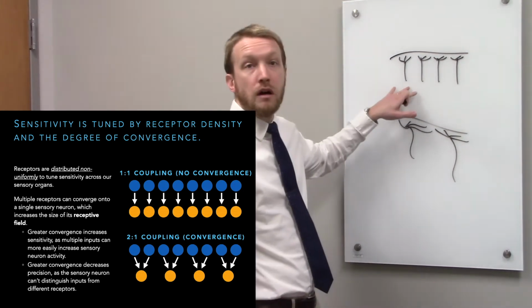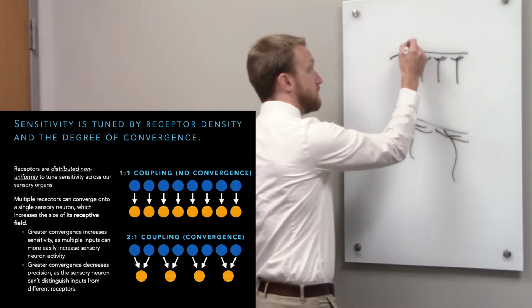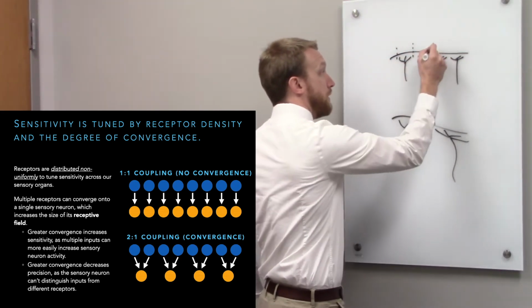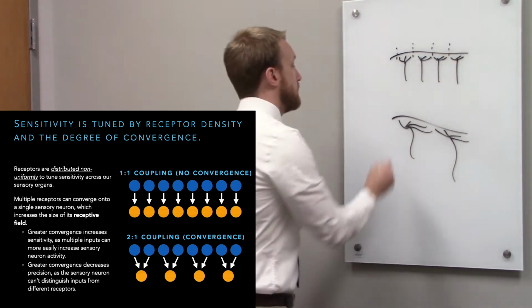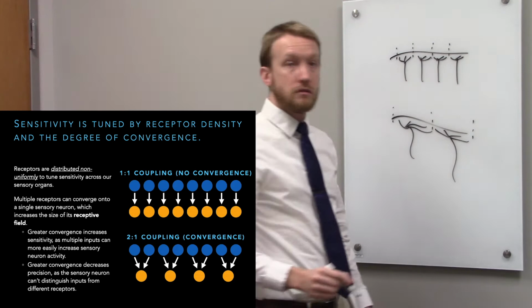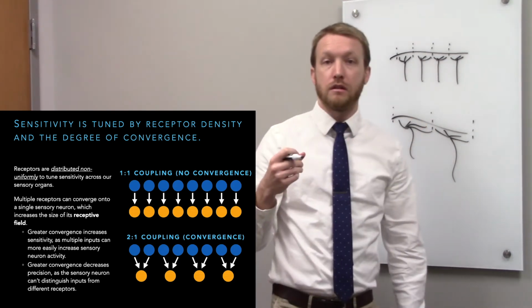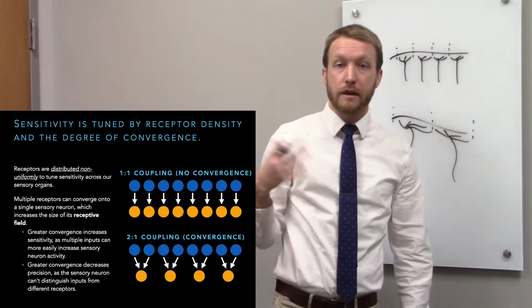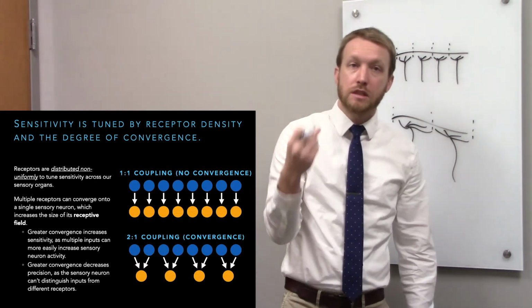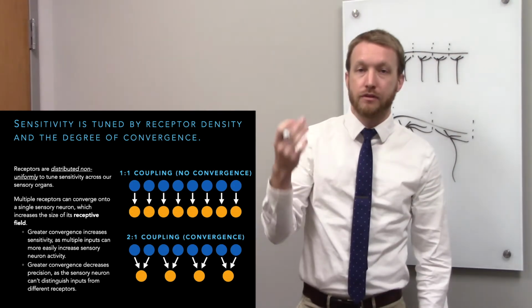This is going to have much greater acuity because it deals with a very small receptive area. Down here, much larger receptive field. That's what this is, that area of skin that's innervated here, or the visual field that a retinal ganglion cell picks up.